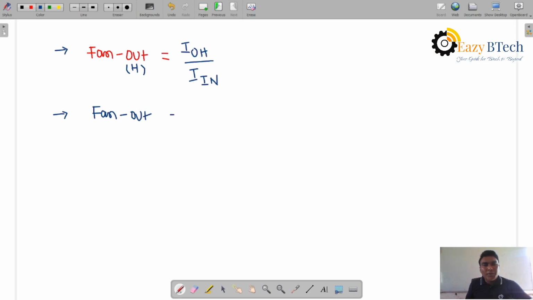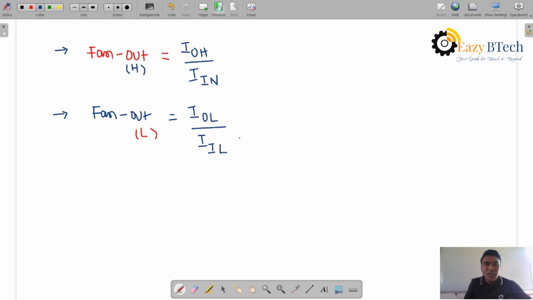So fan out for the low logic, right? Fan out for the low output is the ratio of low output current to low input current.